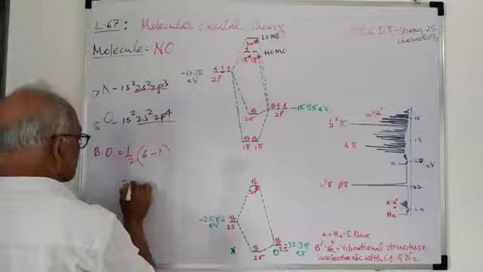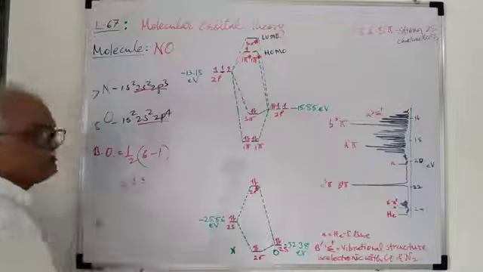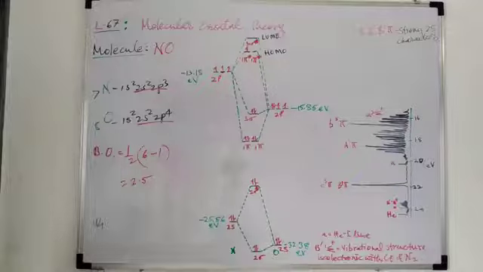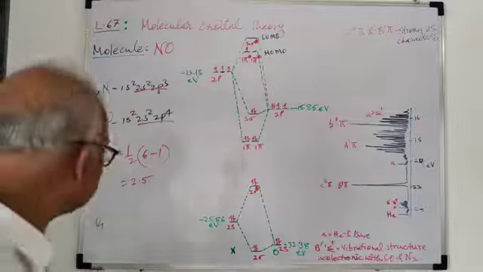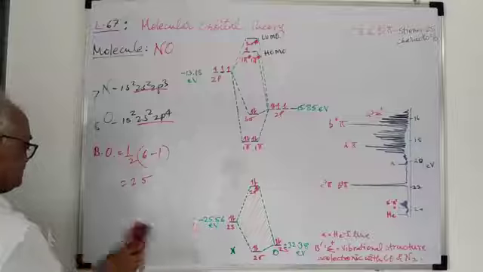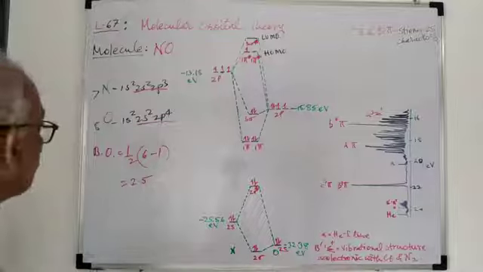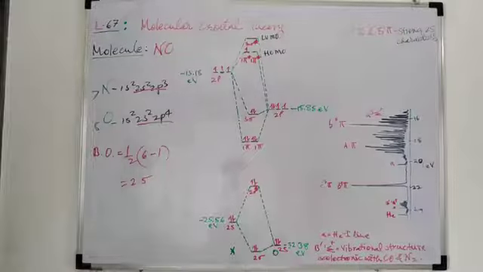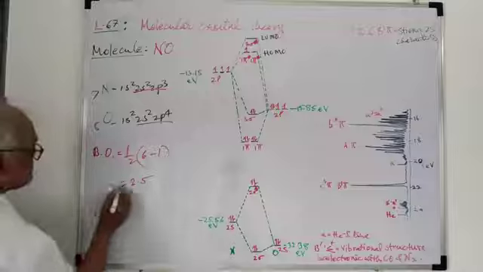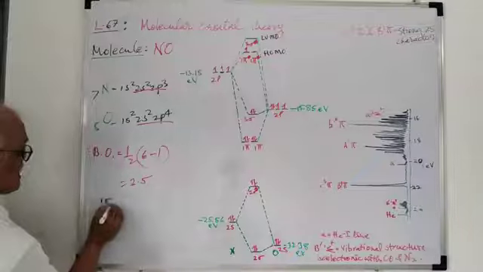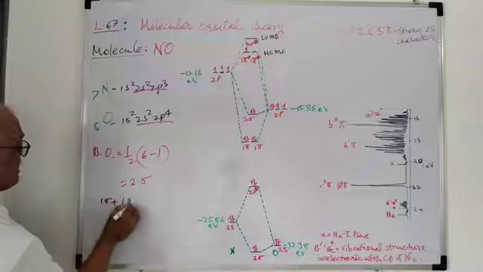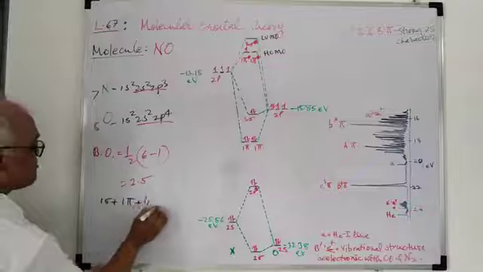So the bond order is 2.5. So this nitric oxide has bond order 2.5, meaning it has the bonds 1 sigma plus 1 pi plus 1 half pi.